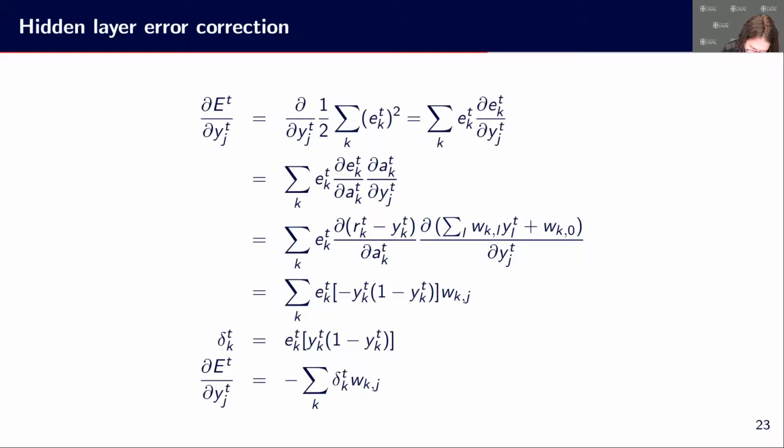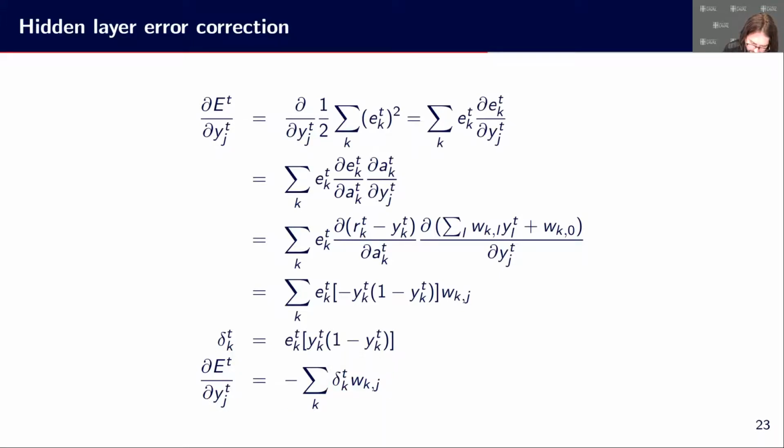We can simply say that the partial derivative of the squared error here for sample T, according to YGT, is equivalent to minus summation for all the neurons on the next layer, the delta KT, which is the sensitivity, the local gradient that we care about, times WKJ, which is linking, in fact, the current neuron with the next neuron. So each of these neurons are on the next layer.